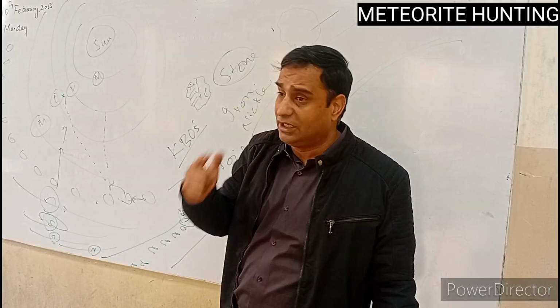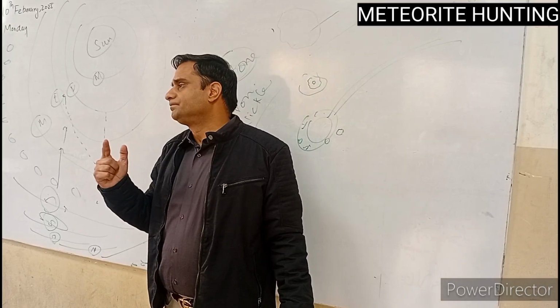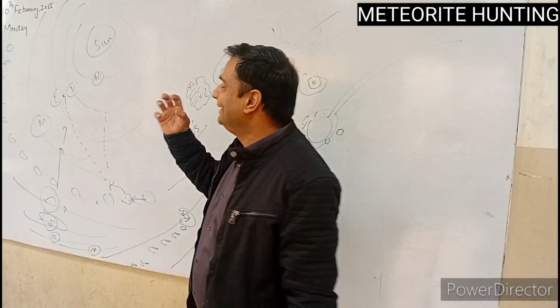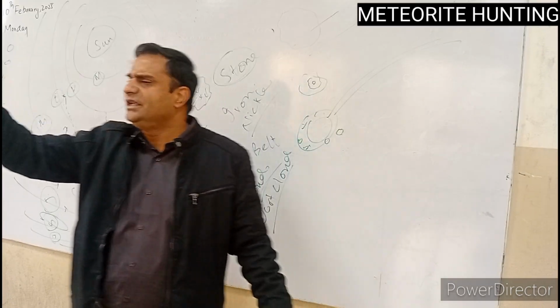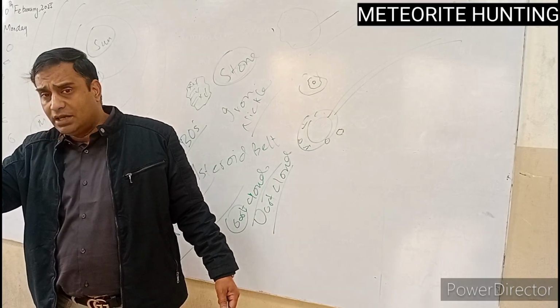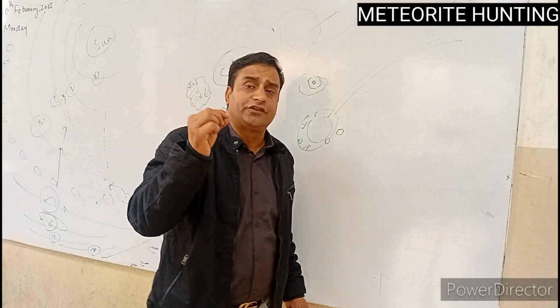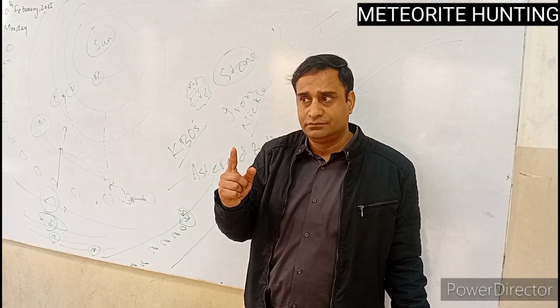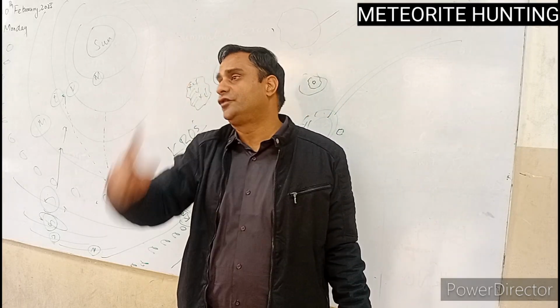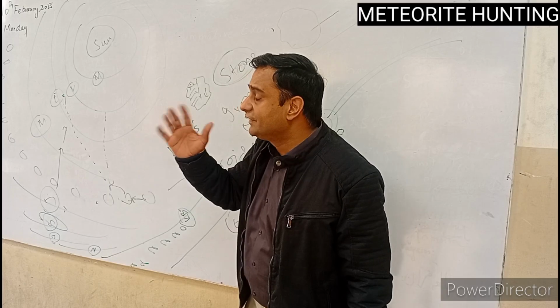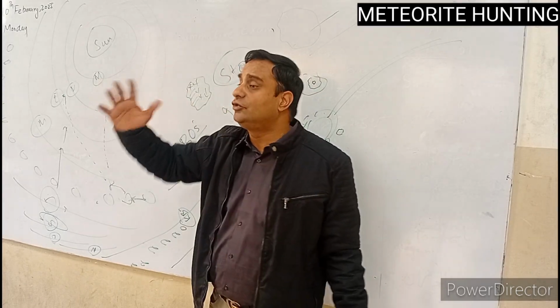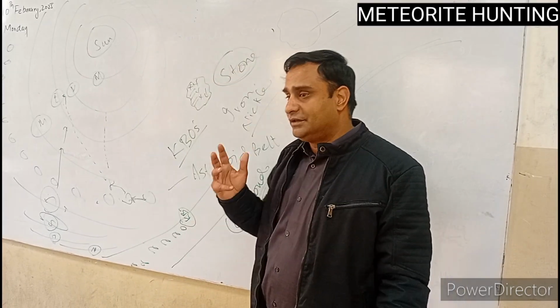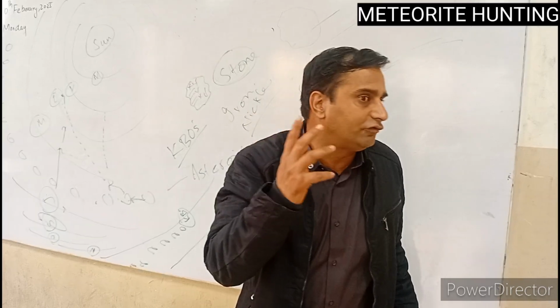God, Allah Almighty has made each and every pebble and planet in the solar system for a reason. There is a reason for Uranus to exist. There is a reason for Saturn to have its rings. There is a reason for the gas giants to exist.